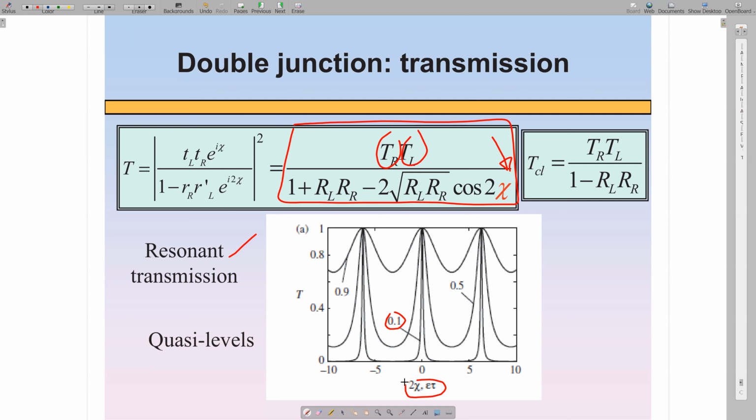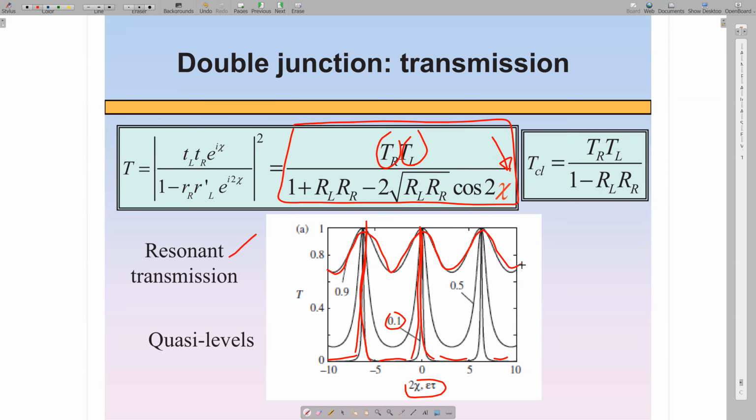Good. So if transmission is weak, small, what I see is almost no transmission, but there are very pronounced peaks when this phase shift is just right. The same picture remains if I increase transmission. If transmission is already high, the difference between maximum and minimum is small.